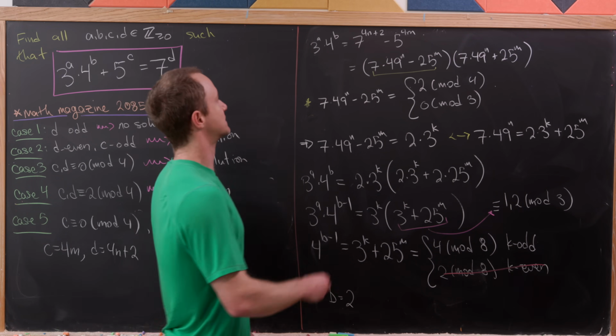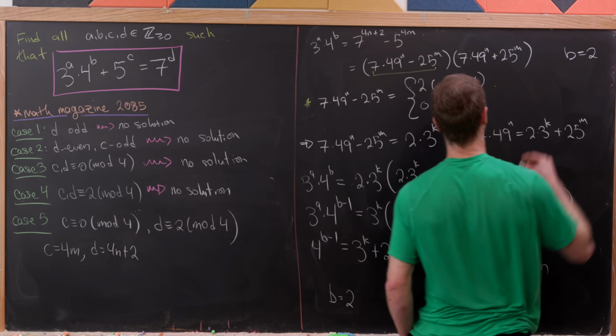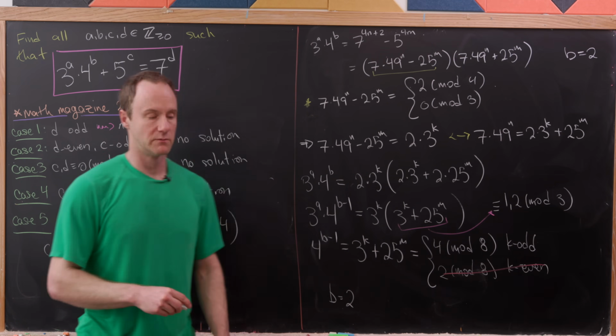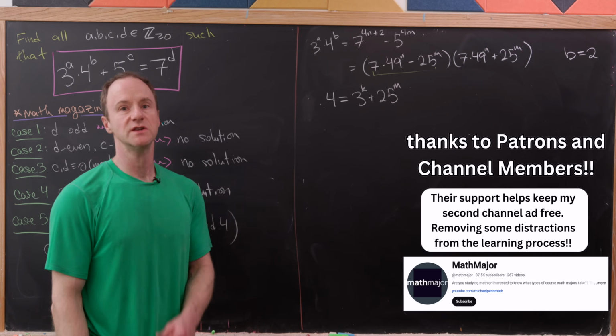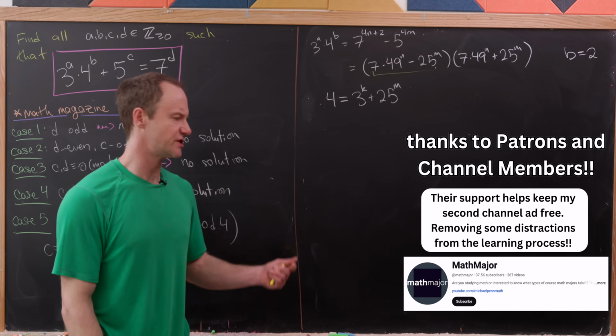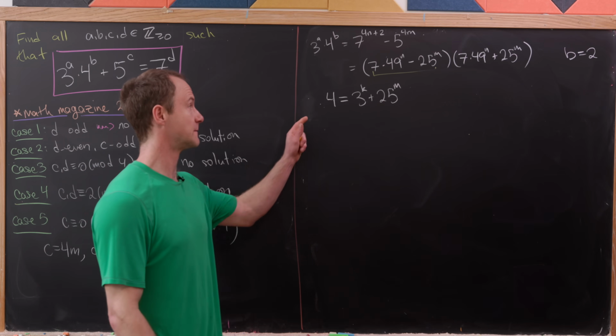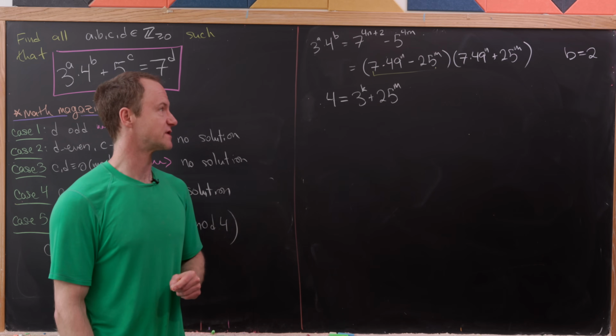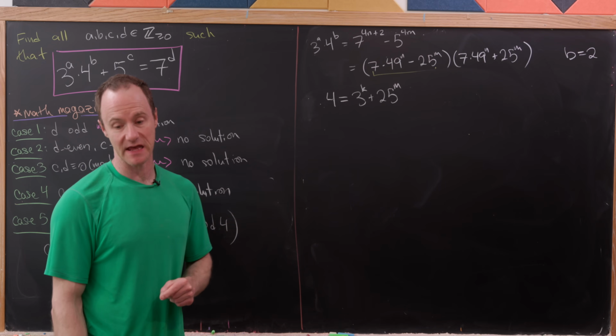Okay, so let's observe that we know that b is equal to 2. Let's collect that over here, and then maybe plug that into an earlier part of the equation and see what we get. So plugging in b equals 2 into one of the last equations that was on the last board, we had the following. We had 4 was equal to 3 to the k plus 25 to the m.